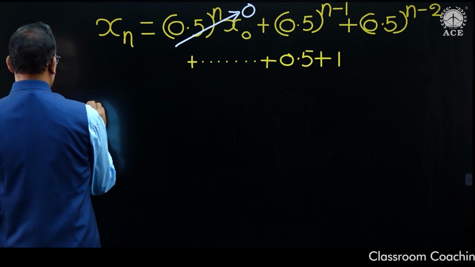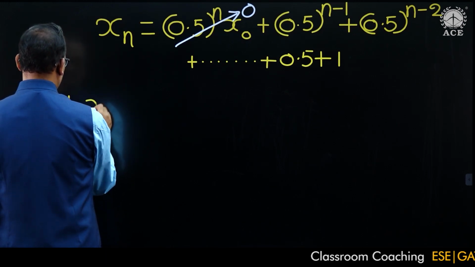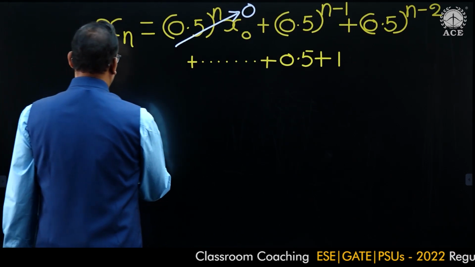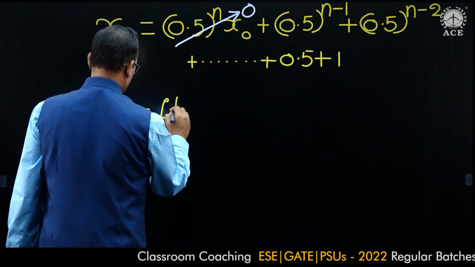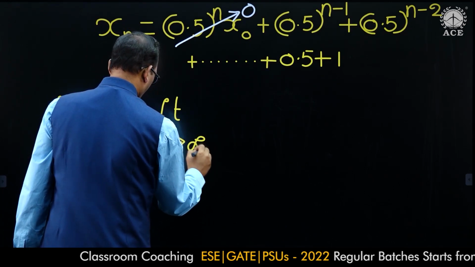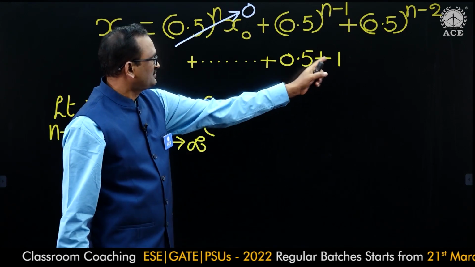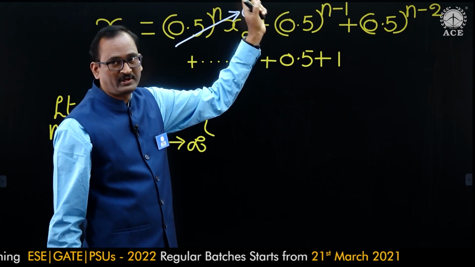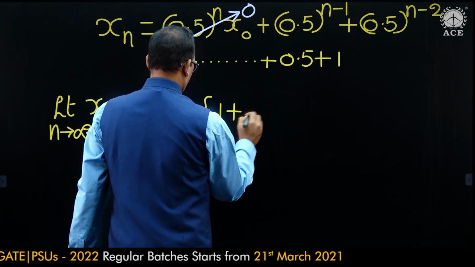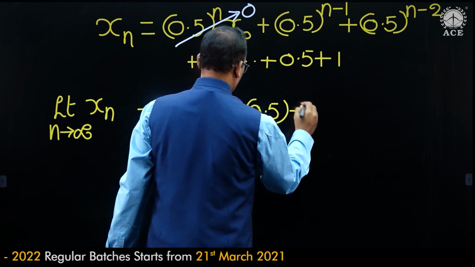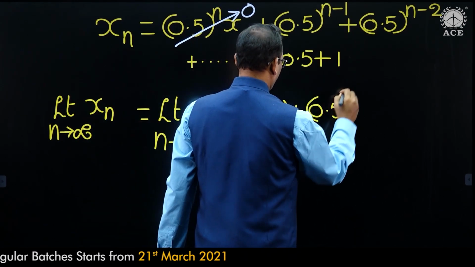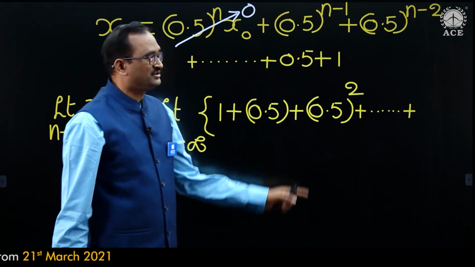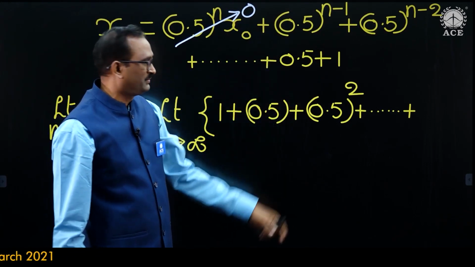Taking the limit, xn as n tends to infinity is equal to limit n approaches infinity of 1 plus 0.5 plus 0.5 whole square plus so on, the last term being 0.5 whole to the power of n minus 1.